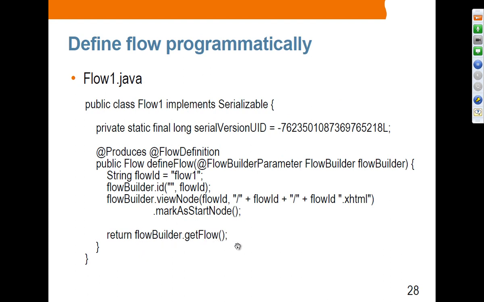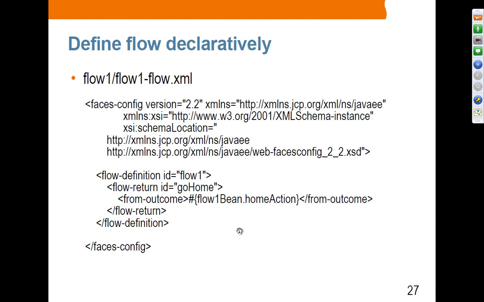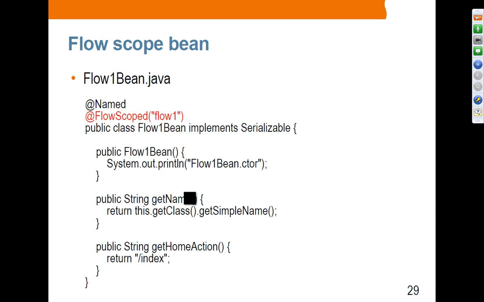In the hands-on lab, we're going to have an exercise that creates exactly the same flow programmatically like this, as well as using an XML file. This is a flow bean, so you specify the name, you specify the flow scope using the flow scope annotation, and then you specify which flow this particular bean belongs to. This one belongs only to flow1, and this bean's state cannot be seen in other flows.